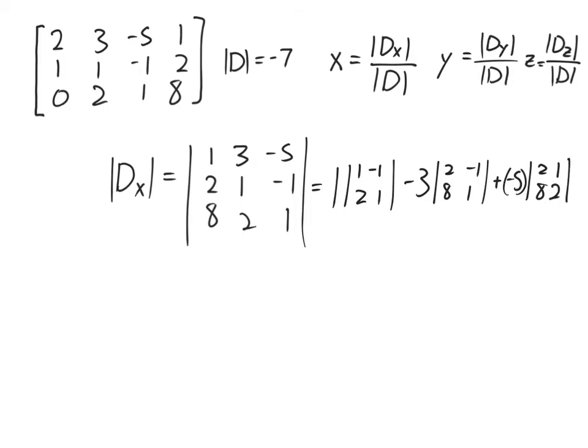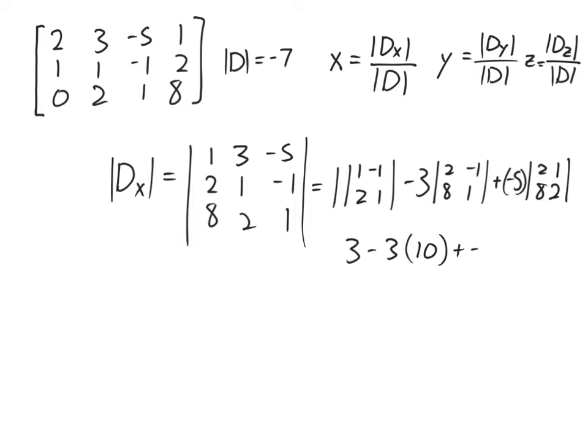I forgot to explain that I'm using this row mainly because if I can't find one with a 0, I just use this one by default. So now I have 1 multiplied by 1 minus negative 2, which is 1 plus 2, which is 3. Minus 3 multiplied by 2 minus a negative 8, so 2 plus 8 is 10.